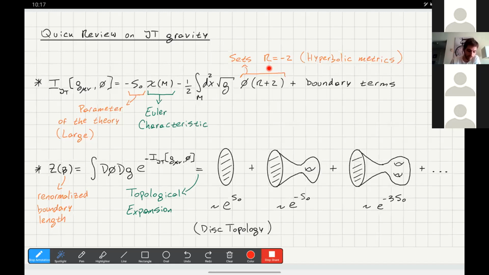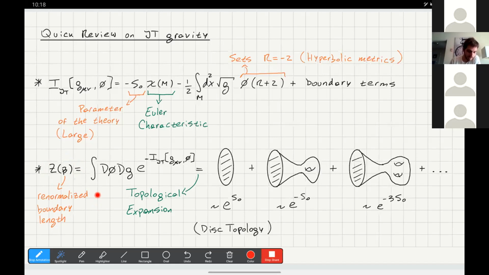To consider the quantum theory, we consider the partition function. To compute it, we have to say what boundary conditions we impose. They are the usual thing in AdS, where we take Poincare coordinates, say, and take the boundary to infinity.